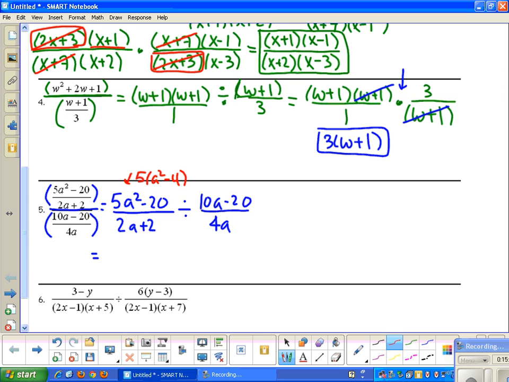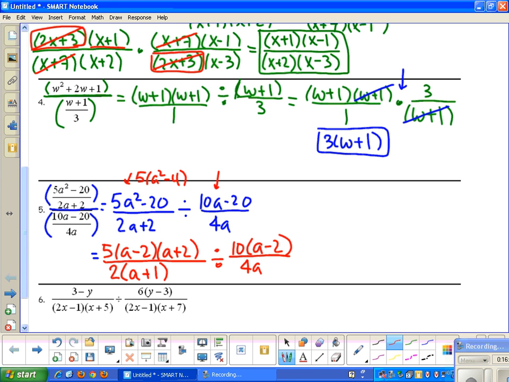So I have 5 times a minus 2 times a plus 2 over, and in my denominator I can factor out my greatest common factor, which is 2, and that would be a plus 1, being divided by, here I also in my numerator have a greatest common factor, which is 10, so I'm going to factor that out first. So when I factor that out, I get 10 times a minus 2 over 4a.